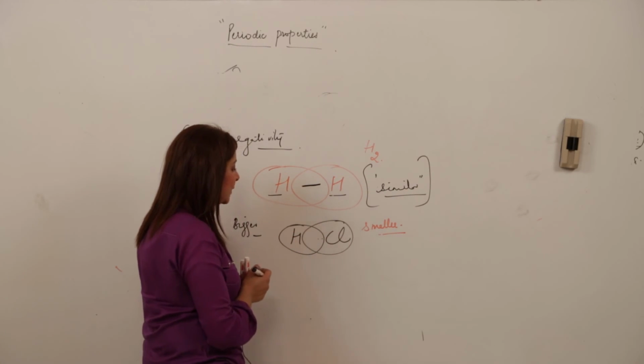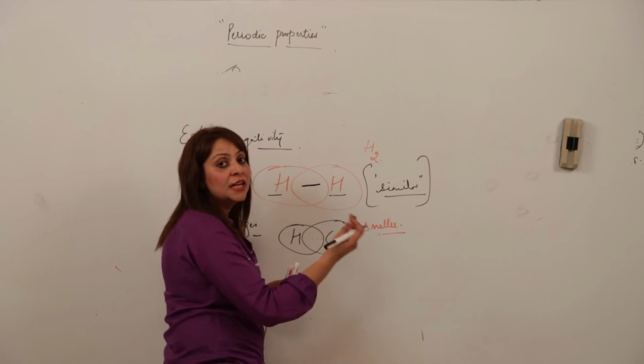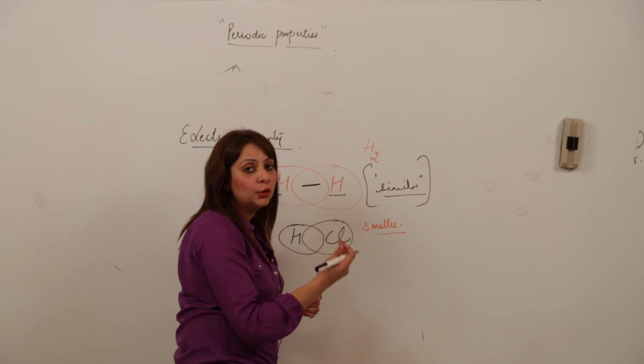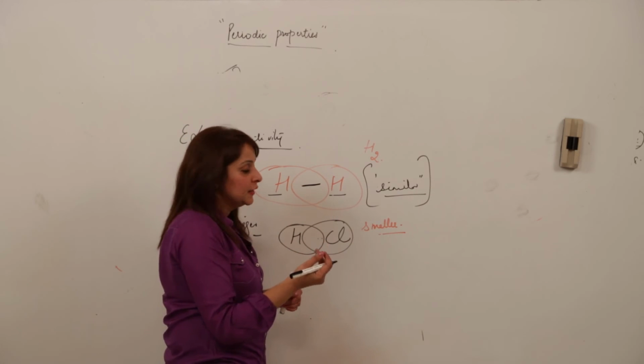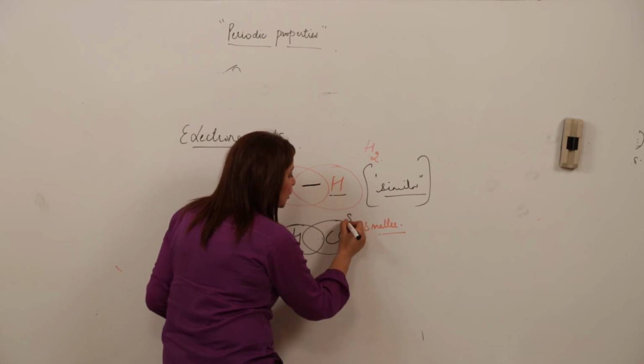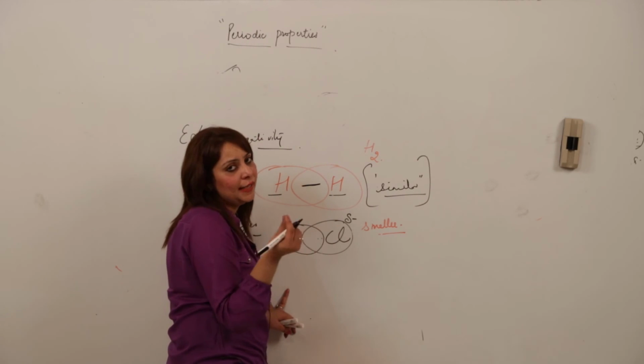So what happened as a result? The electron pair has shifted towards the chlorine. That means the negative charge surrounding the chlorine has increased up to a certain amount. So we say it acquires a partial negative charge. Partial means a small amount of increase in the negative charge.